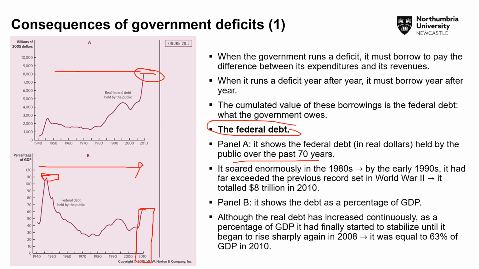So federal debt has been rising as a percentage of GDP, which is of course reflected in its value in billions of dollars. And the seriousness of the situation can be seen in that it was equal to 63% of GDP in 2010.